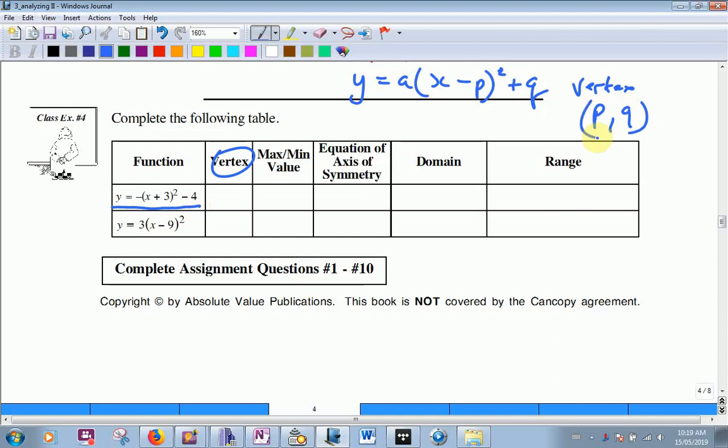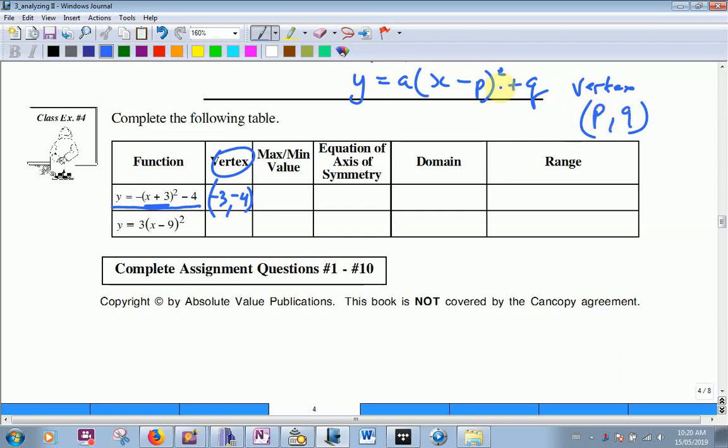So if you see a negative there, that's p. Or ask yourself, when you see plus 3, what happened? It went 3 units left. And then 4 units down. That's q. Without drawing a picture, which may help, and you're allowed to do that, of course, that's where my vertex is.